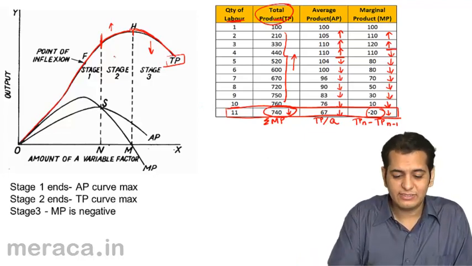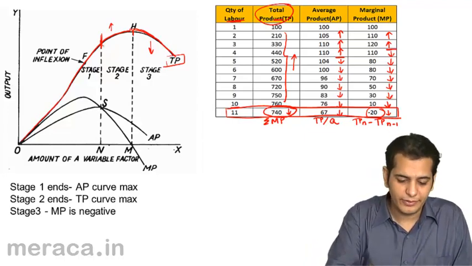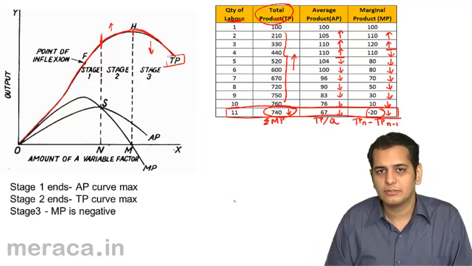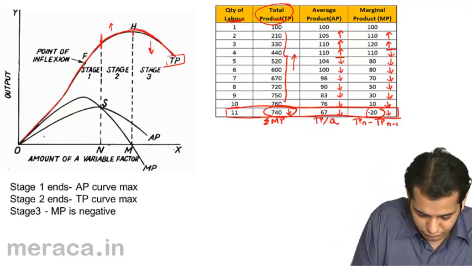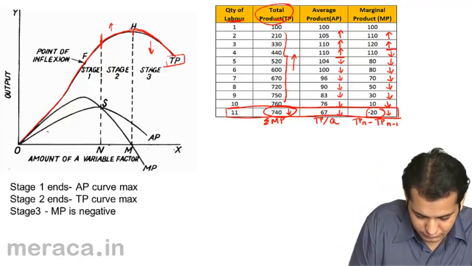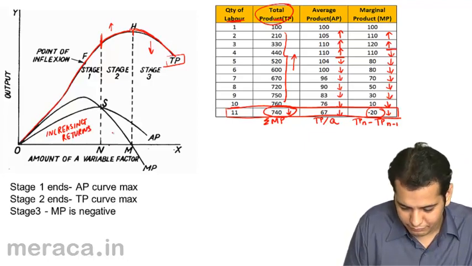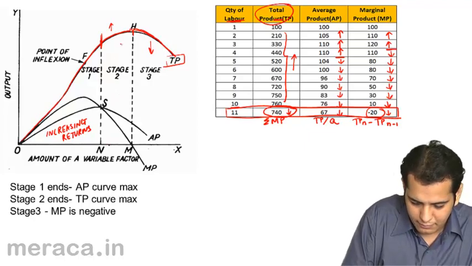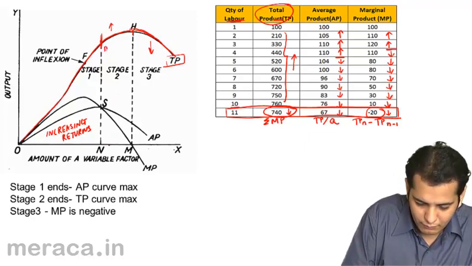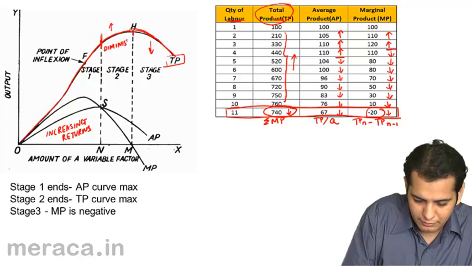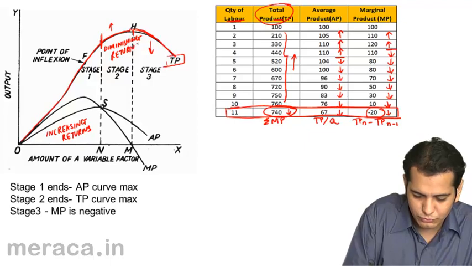So, the stages that I have told you and we have marked with the dotted lines are the first stage, increasing returns. Then we have diminishing returns, that is the stage 2.